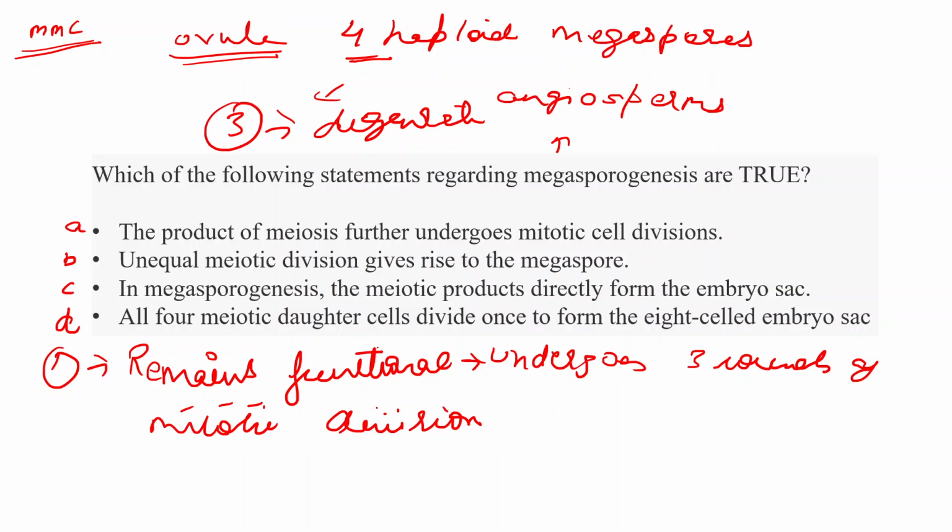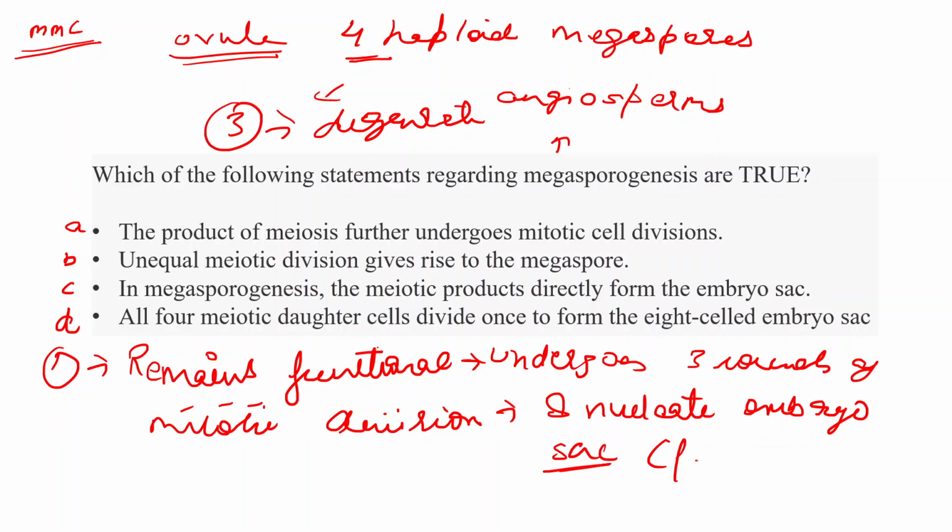It forms an 8-nucleate embryo sac, which is the female gametophyte. Okay. Now we'll check the statements.